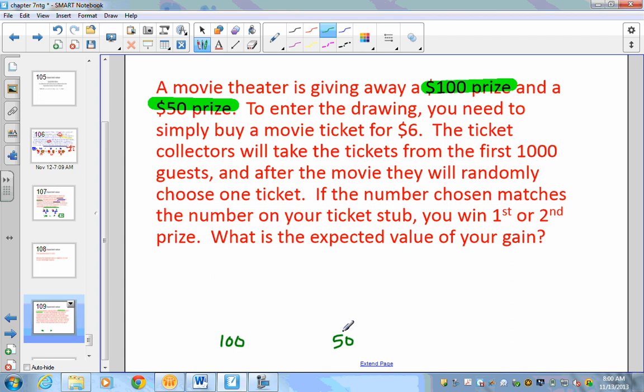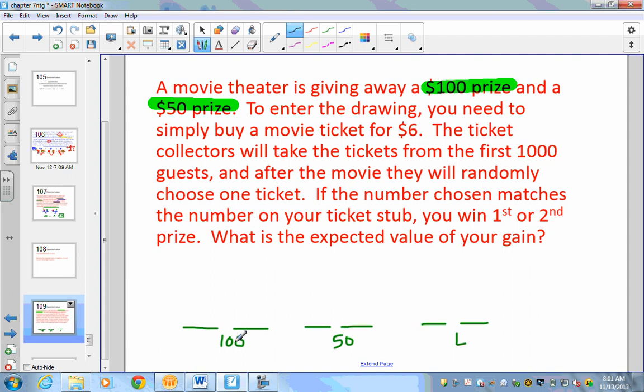All right. Now, the one thing you have to remember with a lottery or a raffle of some sort is that yes, you have the possibility of winning items, but you also have to factor in the losers. What if you don't win anything? That's also an outcome. Once again, two numbers go with each outcome, one being the probability, one being the value. Let's deal with the value first. You might be saying the value of the $100 prize is going to be $100.